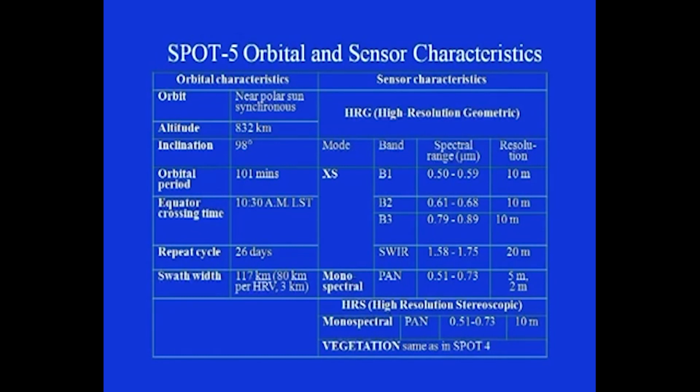This was primarily for stereoscopic application, again having the same spectral characteristics as HRG with the same spatial resolution of 10 meters, and it carried the earlier Vegetation sensor of SPOT 4.